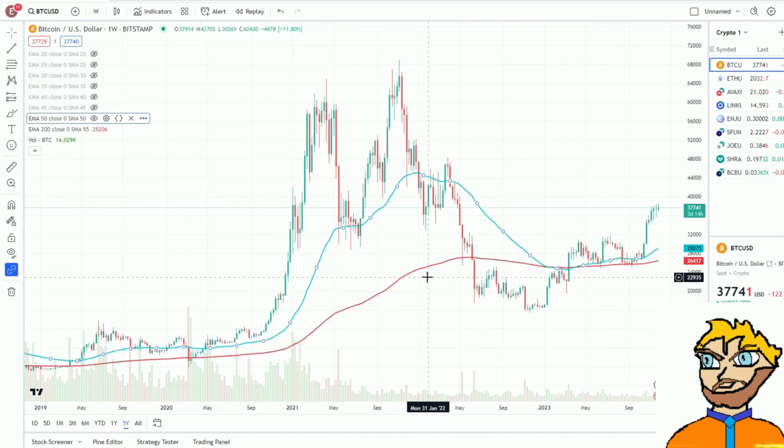And we can see that the last bull run lasted from around here, let's say, or maybe it really started here sometime in September 2020, and then we went all the way to April 2021.